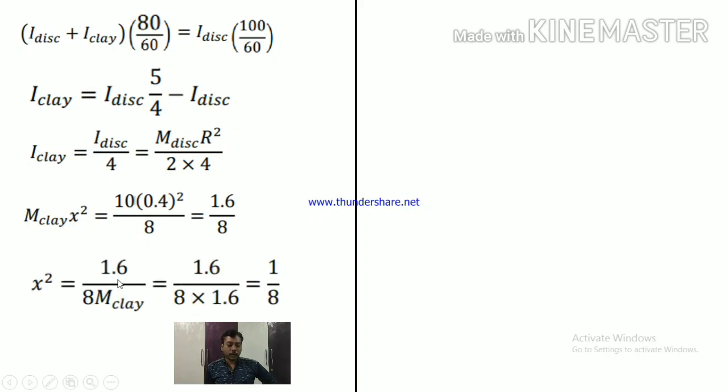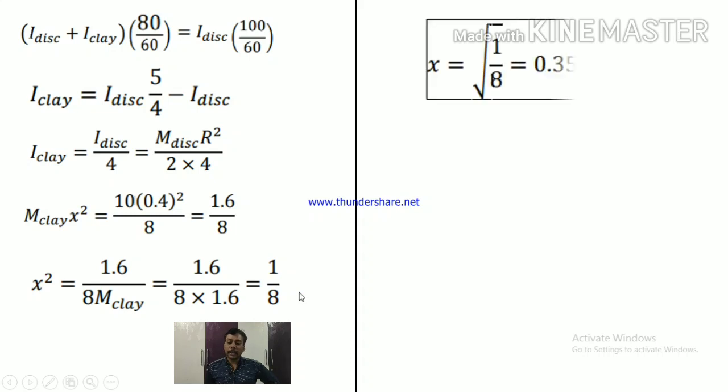So x square is equal to 1.6 upon 8 into mass of clay. Mass of clay is 1.6. So 1.6 gets cancelled. We get 1 upon 8, and hence x is equal to, taking square root on both sides, under root 1 upon 8, which is 0.35 meter, which is the required answer here.